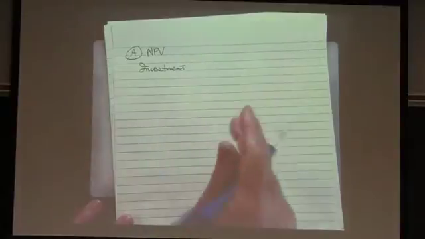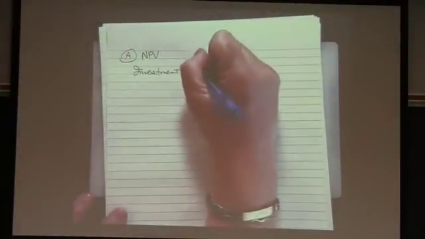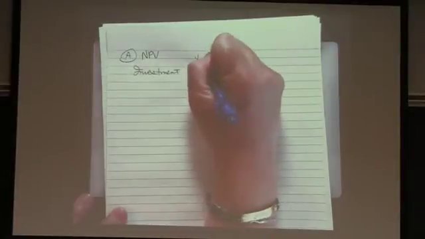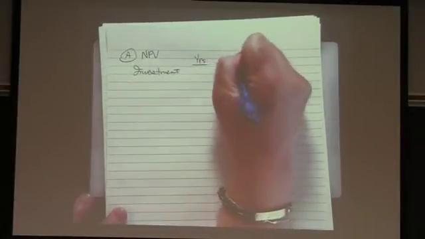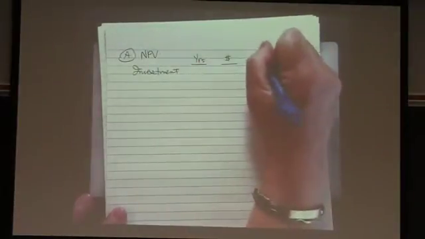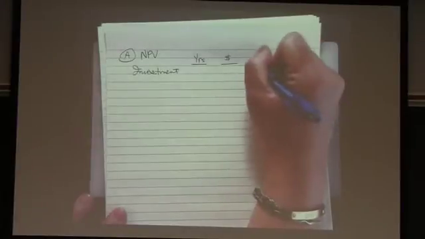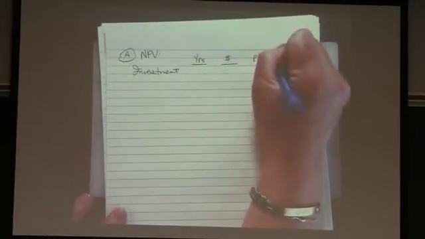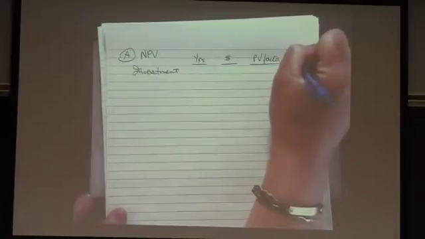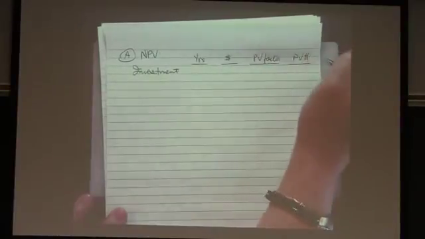What I like to do is a chart that says investment, the years, the amount, PV table, PV factor, and present value dollars. I like to use a chart because it's much easier and visually appealing to see.